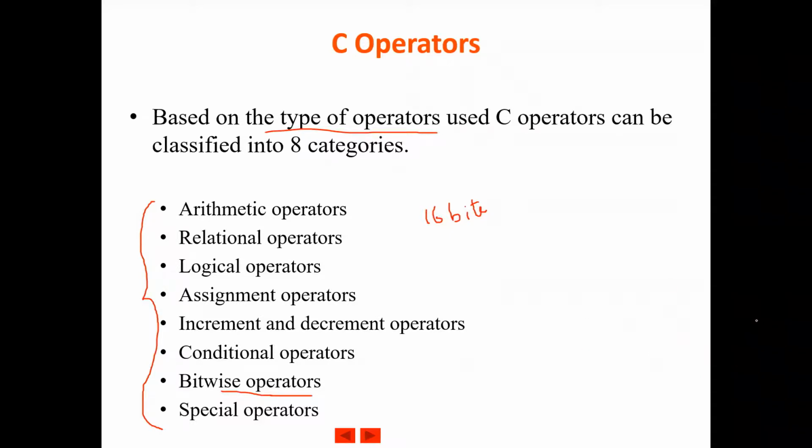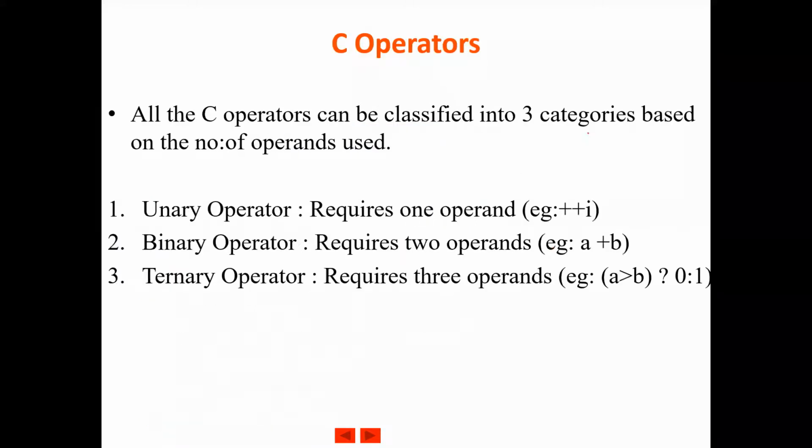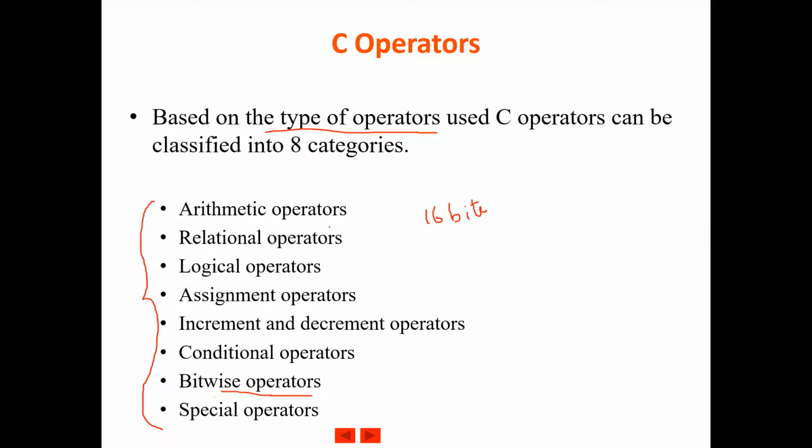In the next slide we are going to see another category of operators. All these operators can again be put into 3 categories, based on the number of operands used: unary operator, binary operator, or ternary operator.